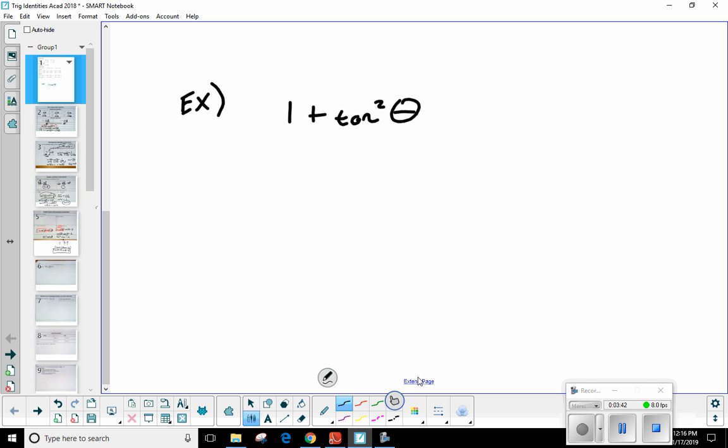Let me give you another one here. Let's try this one: tangent squared of x times cosecant squared of x. All right, what do you guys think?